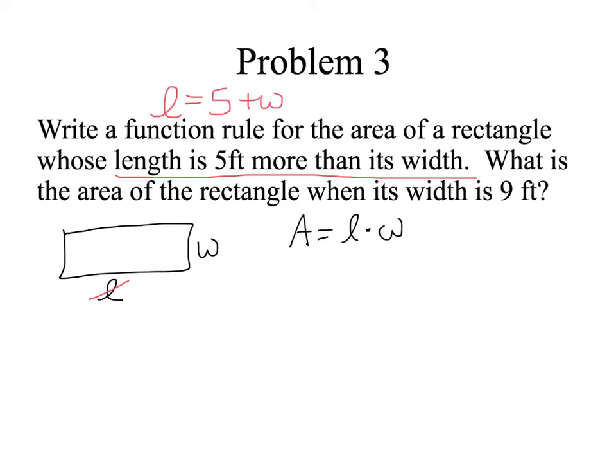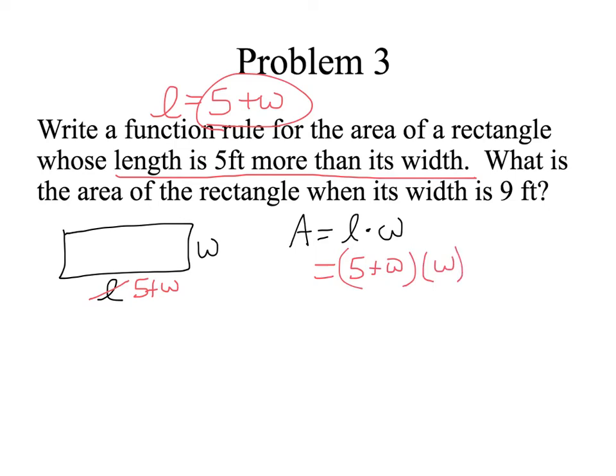So we're going to take that 5 plus W and we're going to write it in place of the length, because the length is 5 more than its width. So as far as our formula, in place of L, we're going to have 5 plus W, and then we're going to multiply that by W.